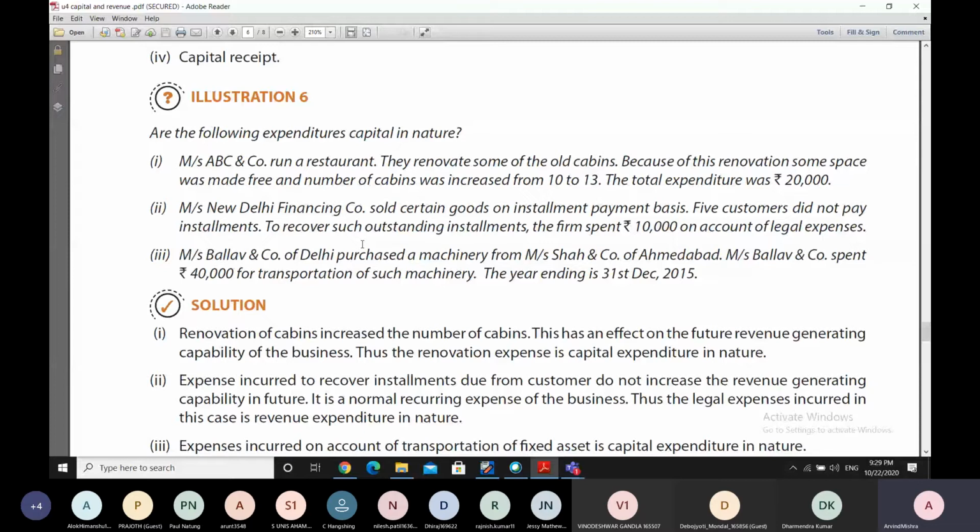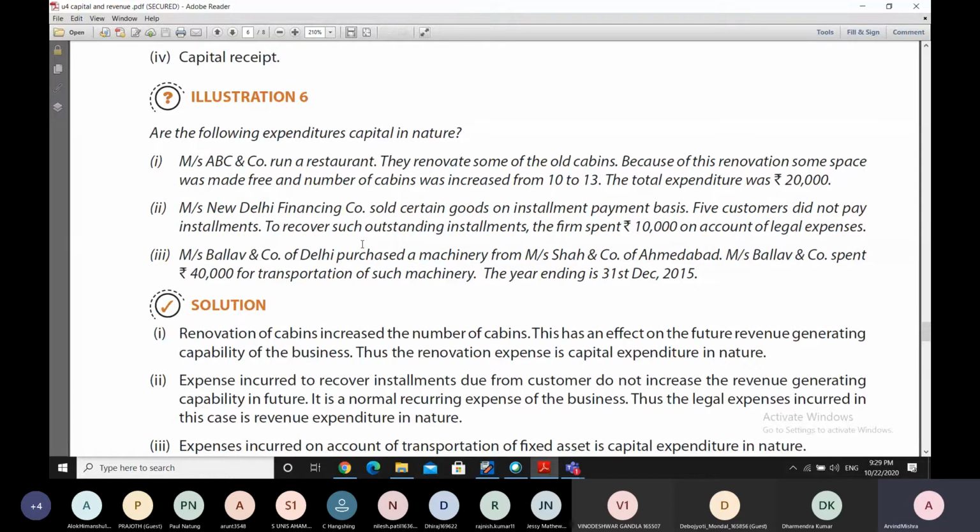Now, in the course of a business where you are doing financing for vehicles or any other thing, it is very likely that some of the customers will not be able to pay the outstanding installments. And therefore, you will have to make some expenditure to recover the loan that you have given.